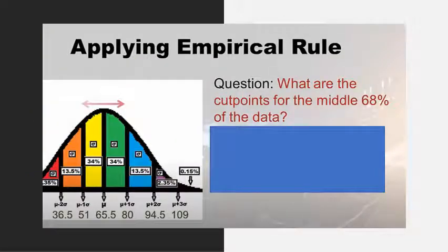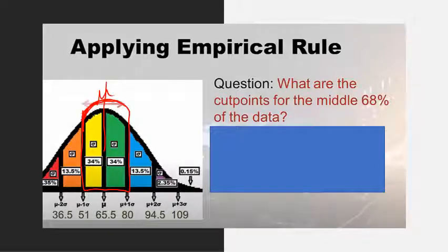Another question could be: what are the cut points for the middle 68% of the data? What's the middle 68% of the data, you ask? Remember, it's this whole section right here. So here's your mean.